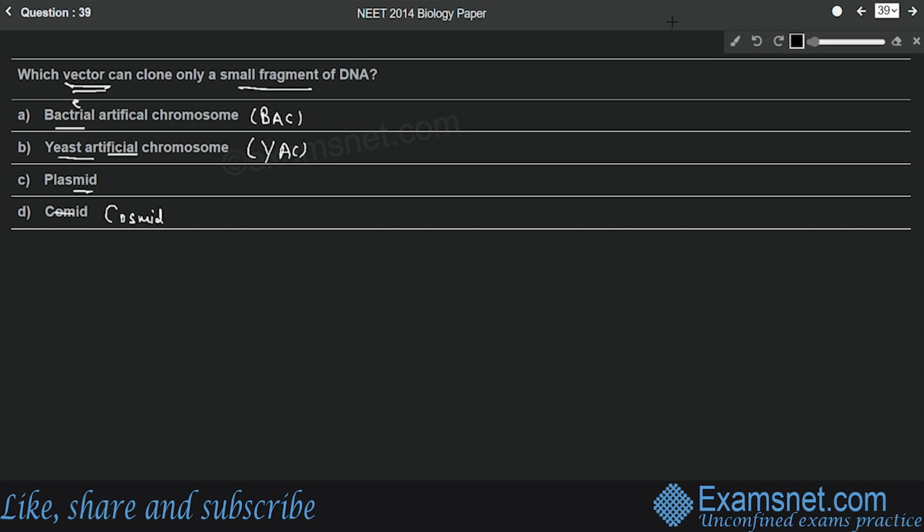Okay, for example, if we talk about the bacterial artificial chromosome, they are able to clone 300 to 350 kbp, that means kilo base pairs. Then yeast artificial chromosome is able to clone 1 mbp, that is mega base pair, or we can say 1000 kbp to 2500 kbp.